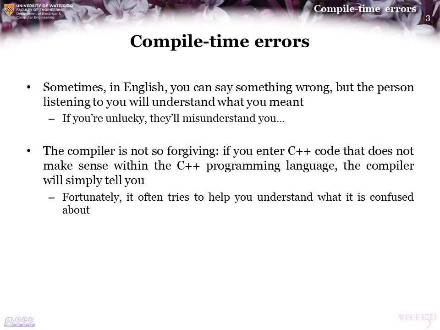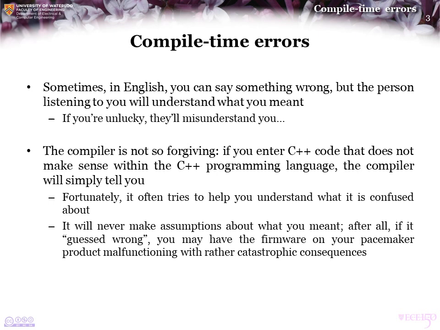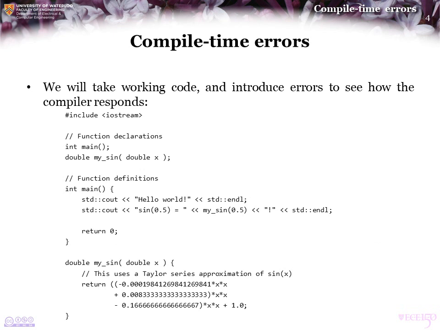Sometimes these messages are useful, other times not so much so, based on how egregious your C++ code actually is. The thing that the compiler will never do is make assumptions about what you meant. After all, if you guess wrong, you may actually have firmware on your pacemaker malfunctioning, and that would be catastrophic.